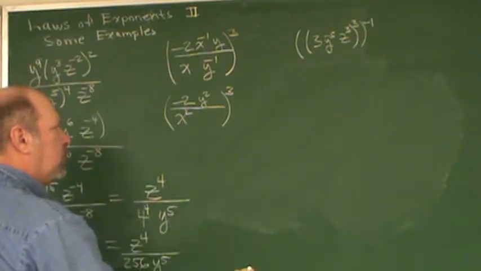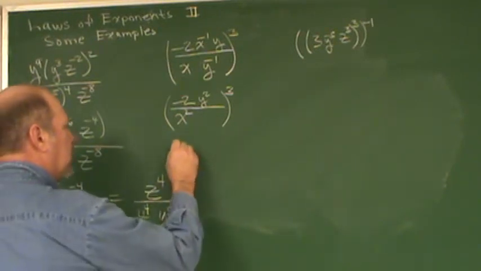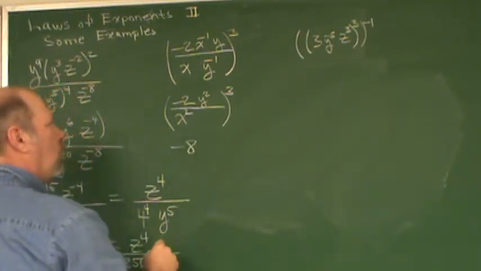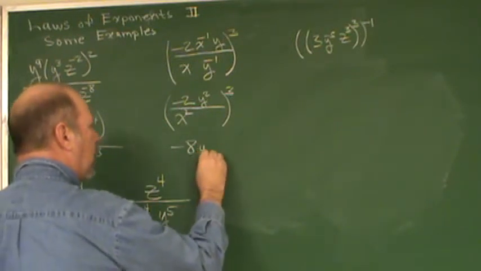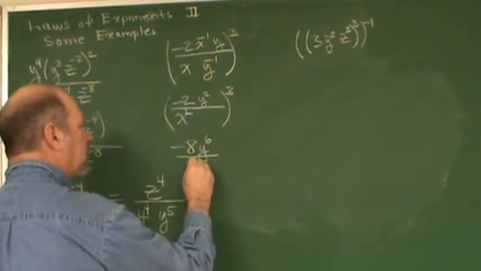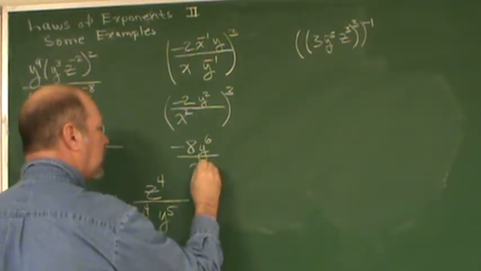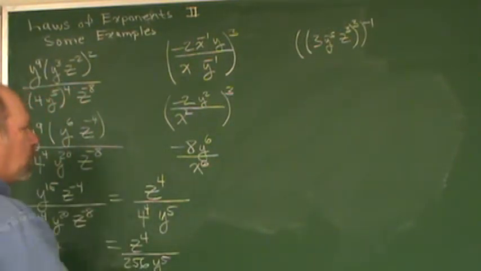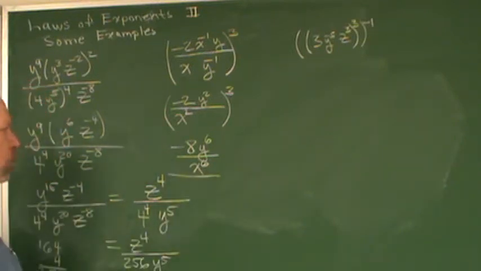So negative 2 to the third power is going to be negative 8. Y squared raised to the third power, 2 times 3 is 6. And then on bottom, x squared raised to the third power gives me x to the sixth power. So our final answer is going to be negative 8 y to the 6 over x to the 6.